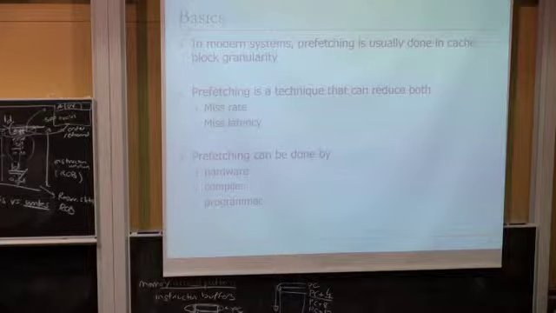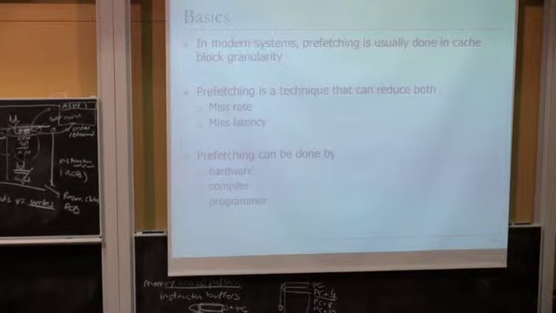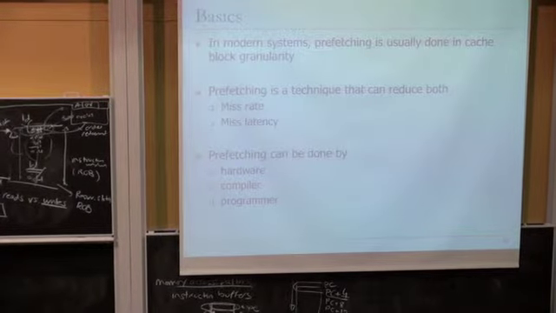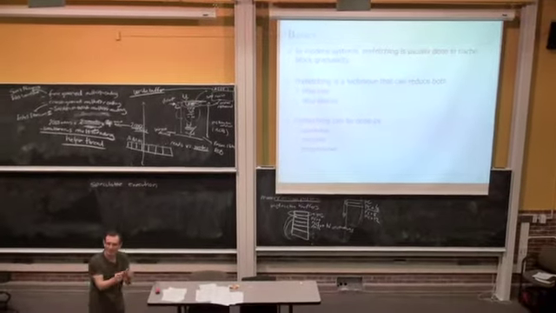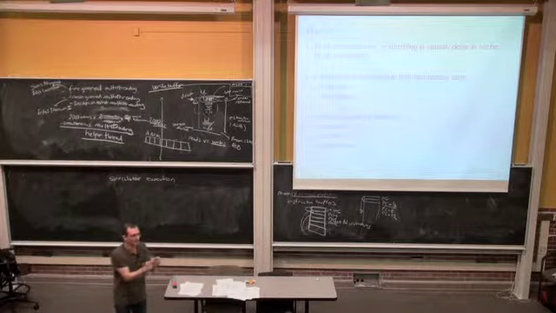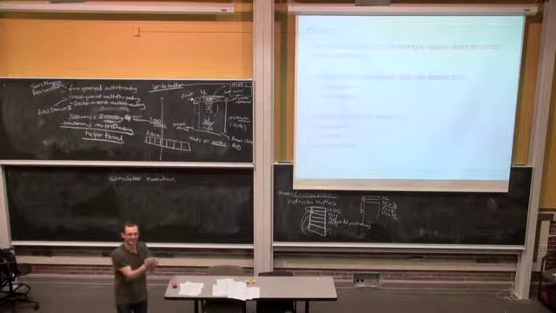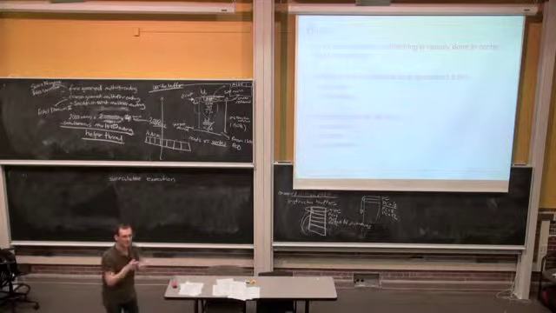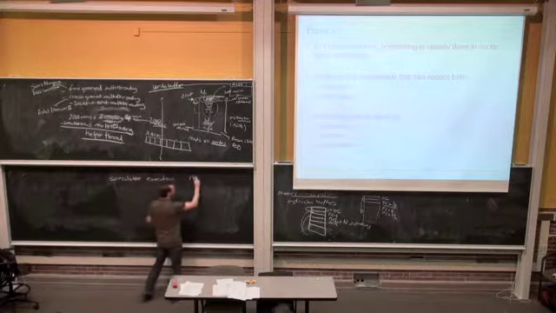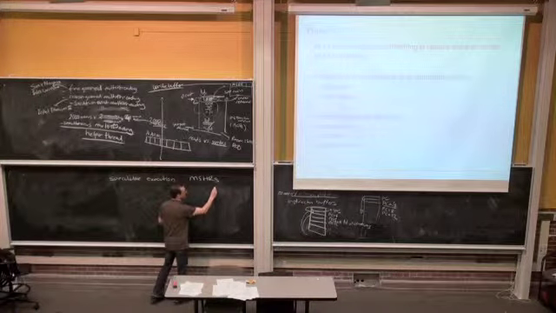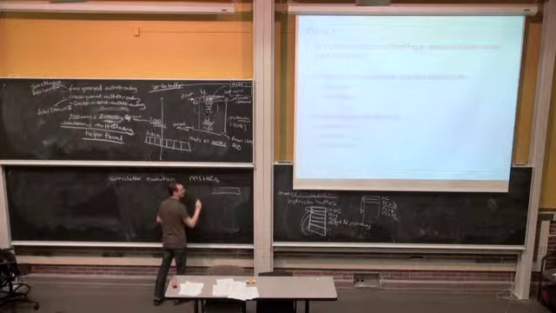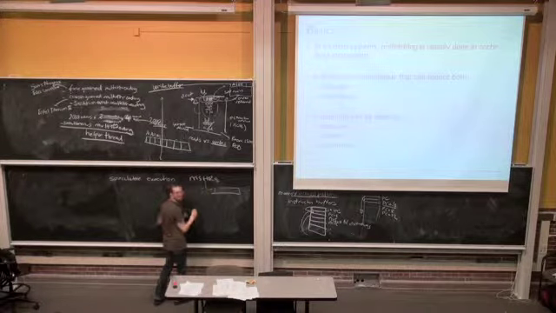But a prefetcher may generate an address for a cache block, and that cache block may be pending when the processor actually needs it. In that case, miss rate doesn't reduce, but miss latency reduces because the cache block that's needed by the processor is in transit, if you will. And the processor doesn't need to generate another access to that cache block, meaning generate another miss. Remember, miss buffers, miss status handling registers? If a prefetcher generates a cache miss, it places the address of the block into one of the miss status handling registers.